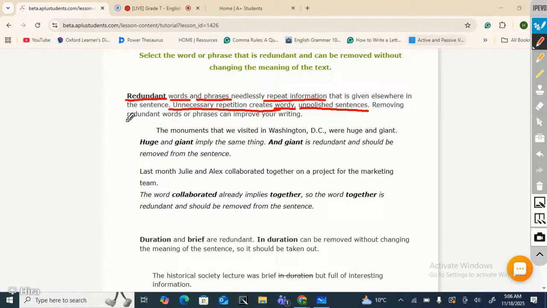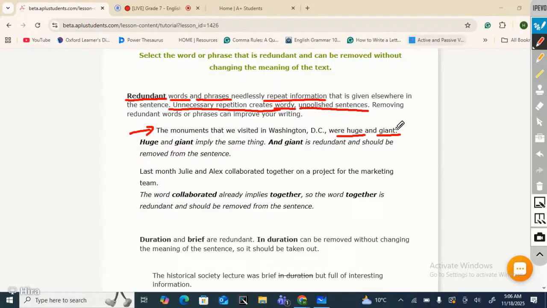Let's read this sentence, then you'll know what I'm talking about. The monument, huge and giant. You are familiar with these two words, huge and giant. They mean almost the same. Huge and giant imply the same thing.